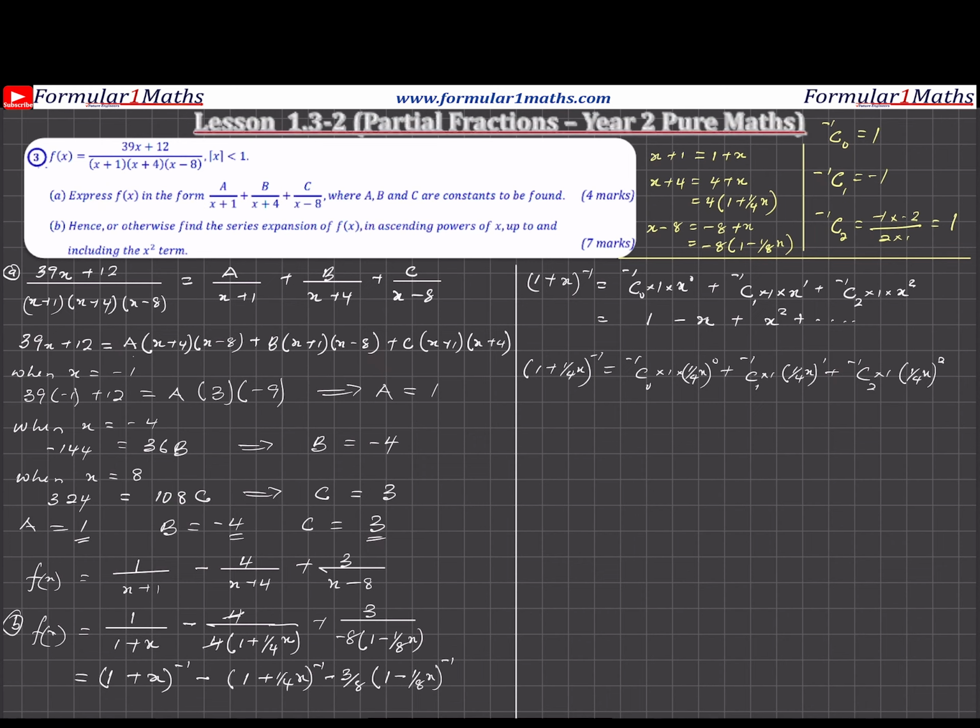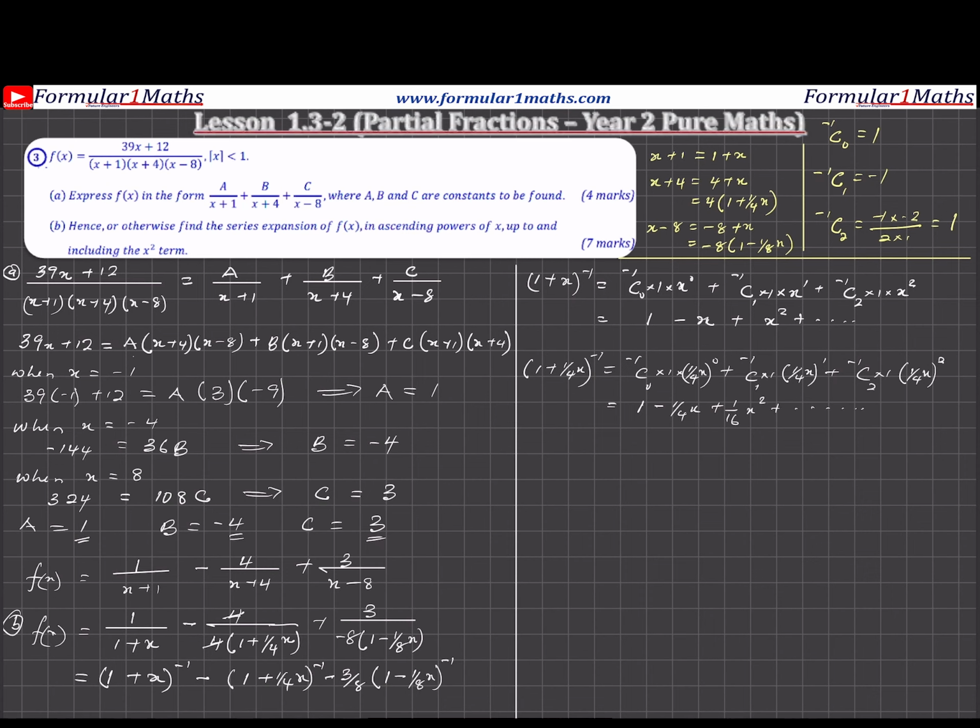This can be simplified too. So this is 1 times 1 times 1. So again, we get 1 here. And then the next term will be minus 1 C1, as we saw, is minus 1 times 1 over 4x times 1 will yield minus 1 over 4x. And this minus 1 C2 will be 1. That's 1. And then 1 over 4x squared is plus 1 over 16x squared.